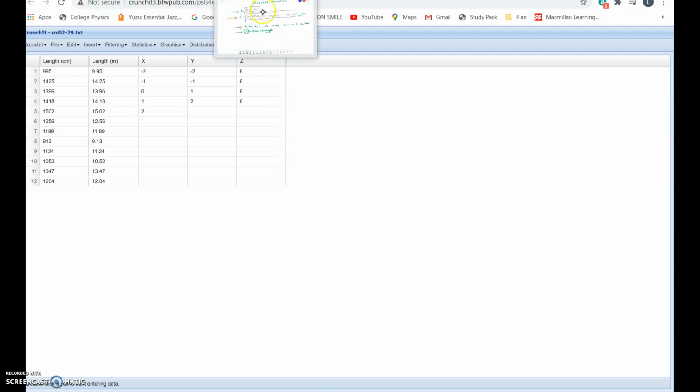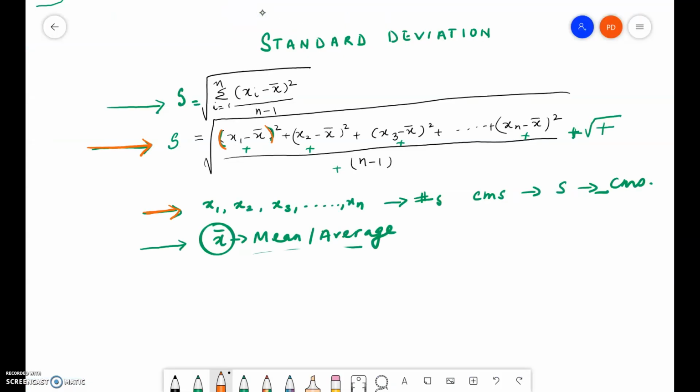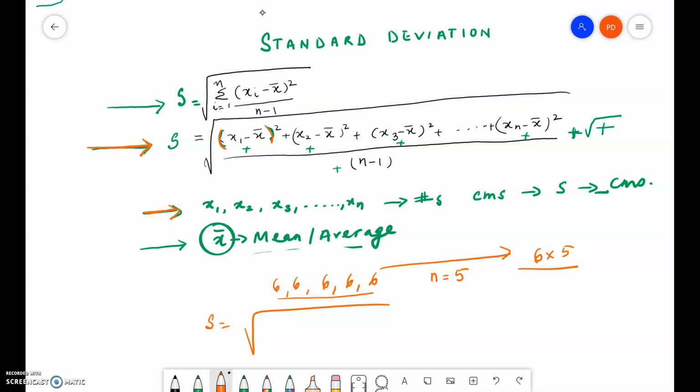Let's just go back and see if we can figure this out by using the formula. So the numbers are 6, 6, 6, 6, 6. So there are 5 numbers, let's say. Each number is a 6. So if we find the standard deviation, it'll be the square root of, and remember that the average of all these numbers, so add all the numbers, divide by the total number of numbers, so that'll be 6 times 1, 2, 3, 4, 5. So that's the total when you add all the numbers, divided by the total number of numbers, which is 5.